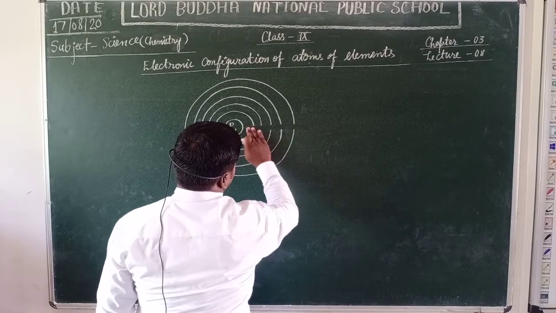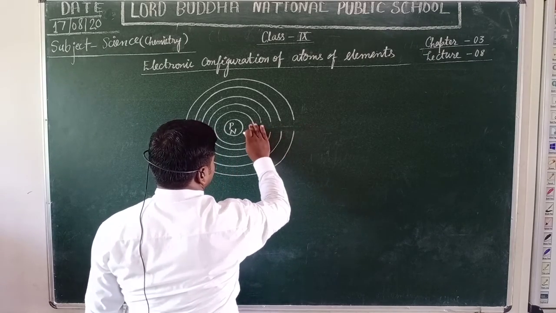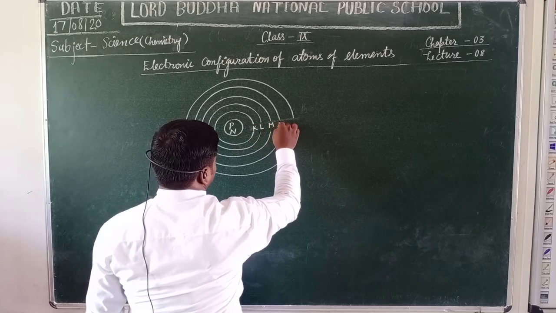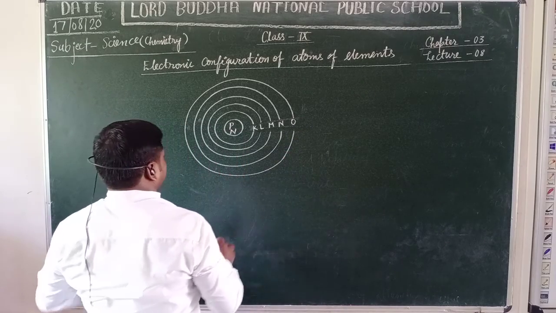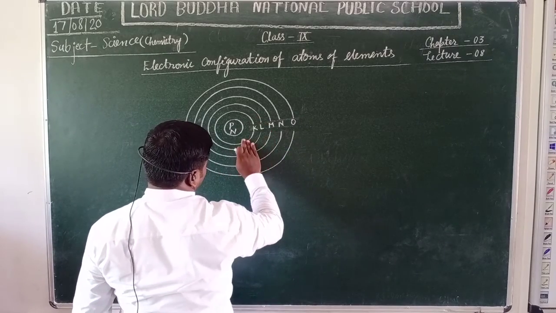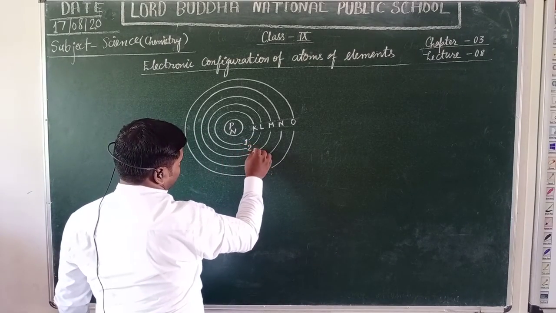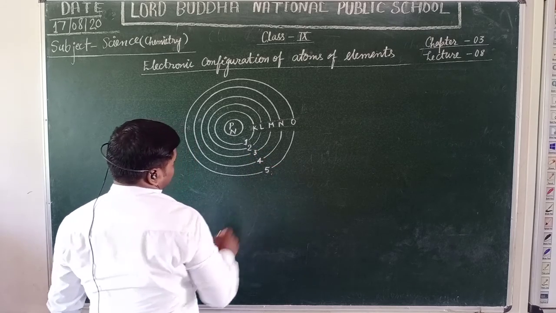and the names of these orbits were given by Niels Bohr as K, L, M, N, O, and so on, and the numbers given to these orbits are 1, 2, 3, 4 and 5.